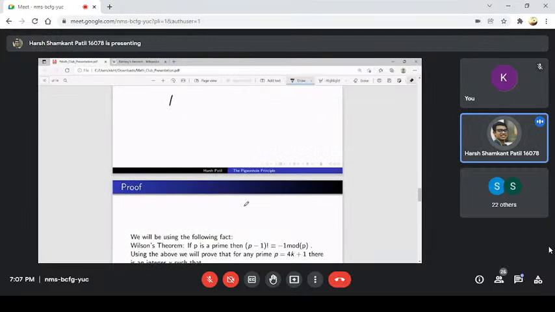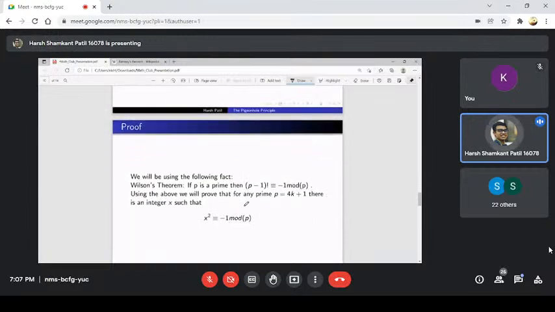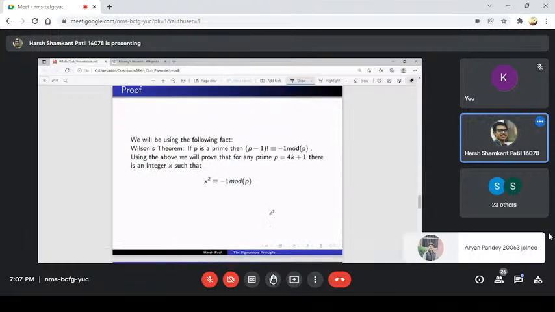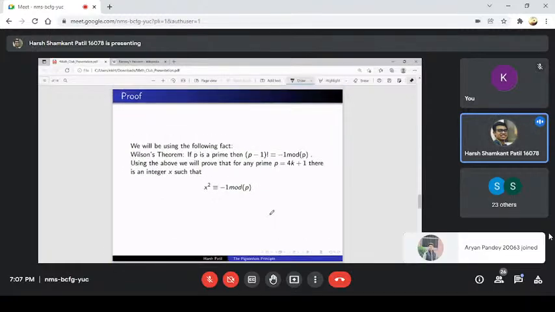So how do we prove this? This proof is a little bit long, and we'll be using some theorems that were already known. For now, take them for granted.